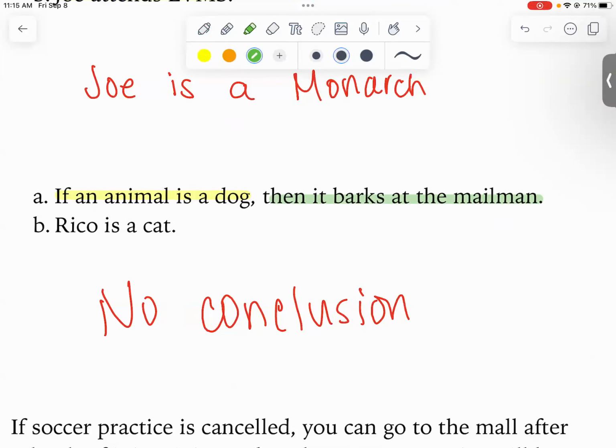Rico is a cat. Well, it's not a dog, so I don't know what's going to happen. Okay. If it doesn't match the hypothesis, we can't come to a conclusion. Now, in our minds, we don't think the cat is going to bark at the mailman, but we have no evidence to support it. She might yell at you. We don't know.